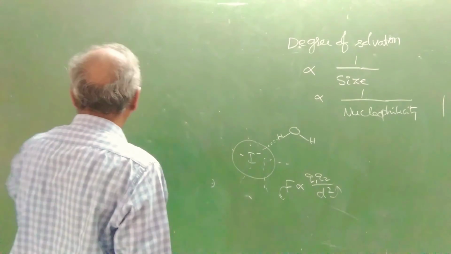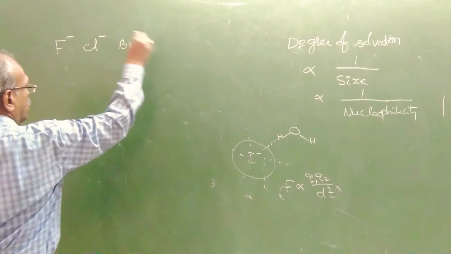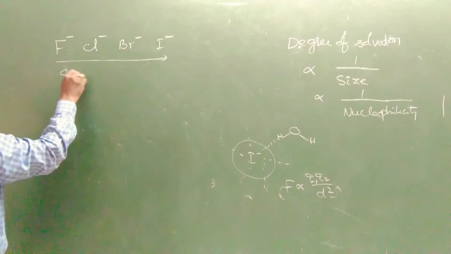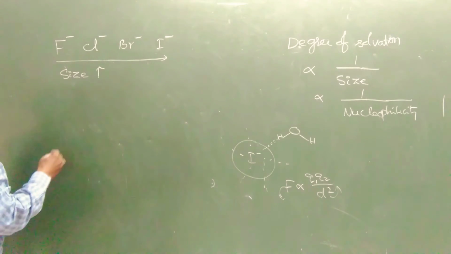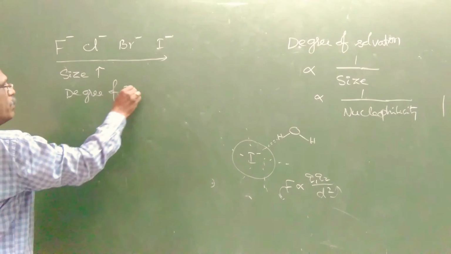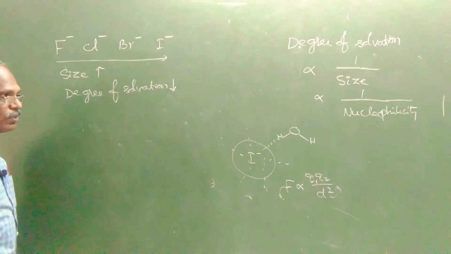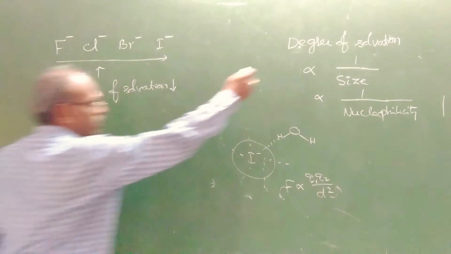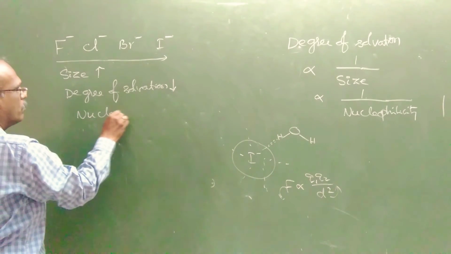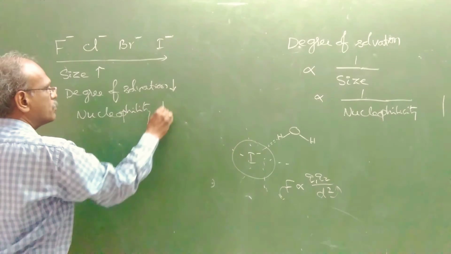Now compare F minus, Cl minus, Br minus, I minus. From left to right, size increases. Therefore the degree of solvation decreases. If the degree of solvation decreases, nucleophilicity increases.